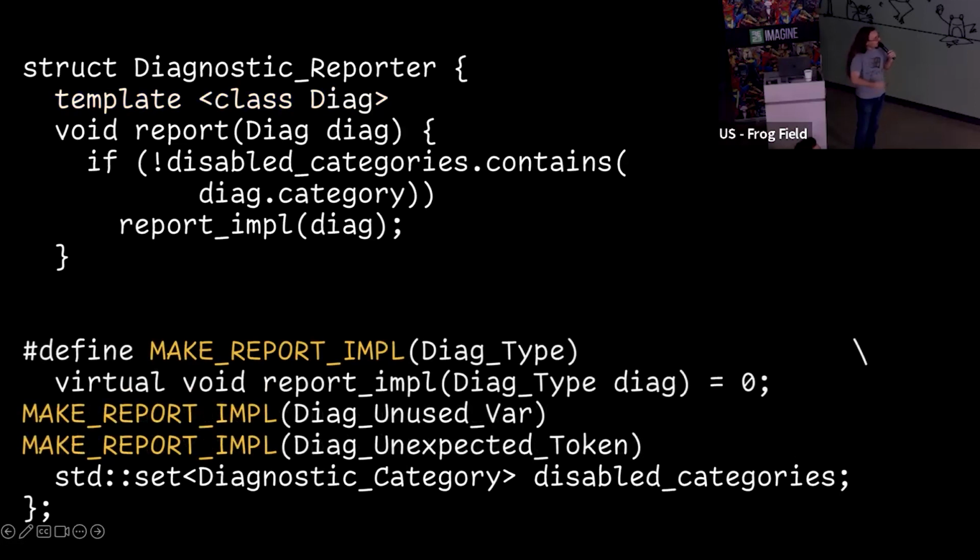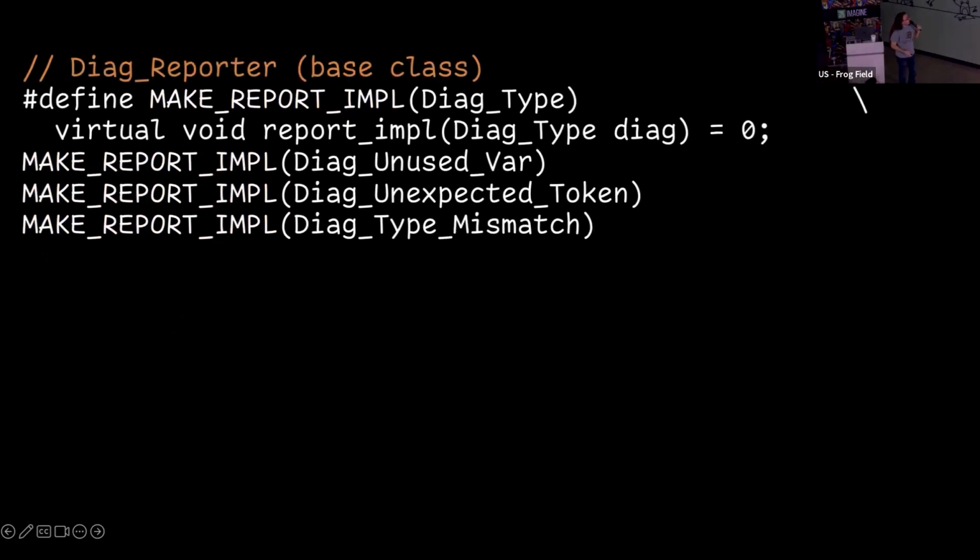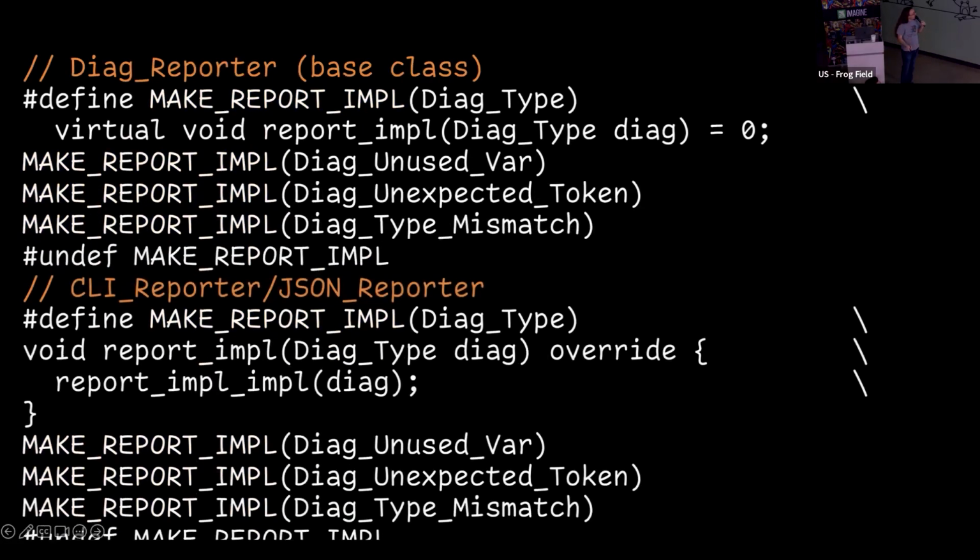Let's make a macro for those. Same macro we made, except this time, instead of doing override with a body, this is = 0 at the end. So now at the top, we have the base class code that generates the report impl pure virtual methods. And at the bottom, we have the implementations.